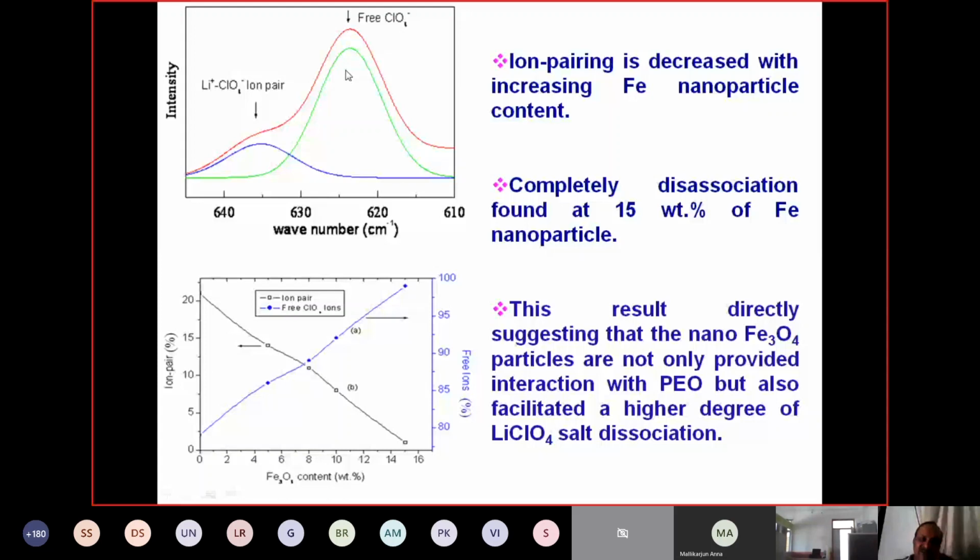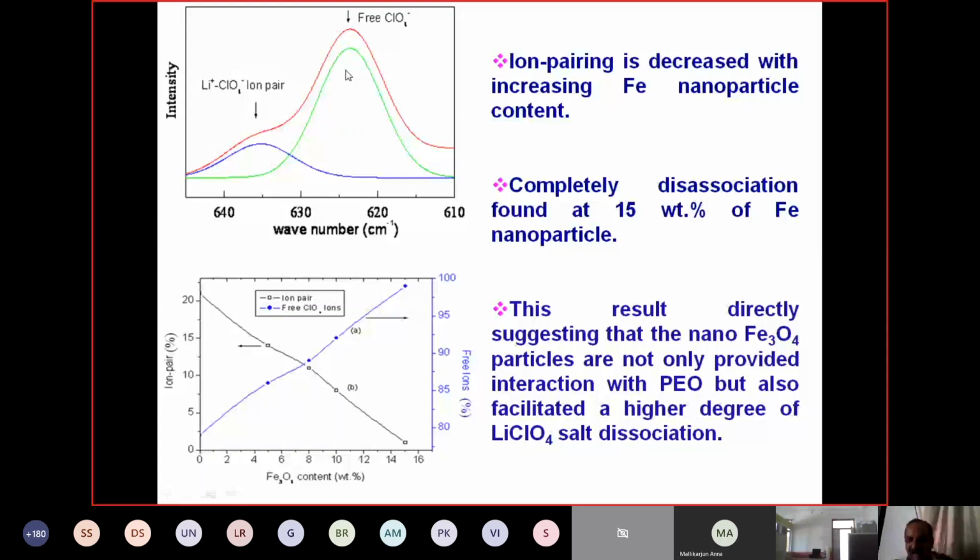The crystalline nature also decreases when we add Fe3O4 content. Here is the enhancement of conductivity. The conductivity is increasing.